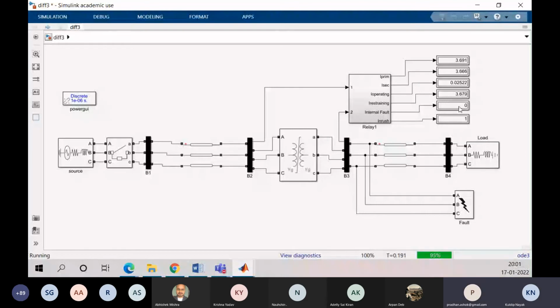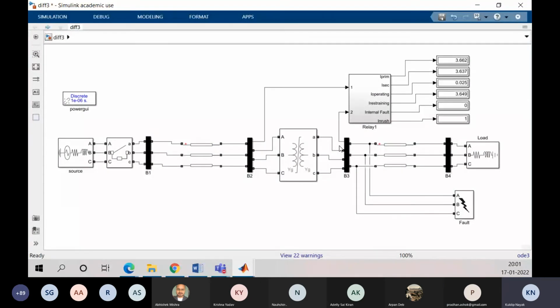Here the restraining current also increased. How much is the restraining current? Sir, restraining current is 3.649. Let me start from here. B2 current is 3.662. Here B3 secondary side current is 3.637, almost the same. Both are nearly the same.